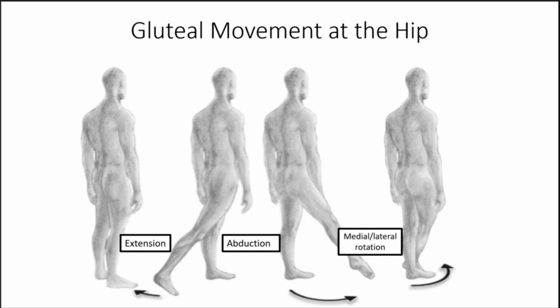Regarding the role in movement, the muscles of the gluteal region primarily act on the hip joint, producing movements such as extension posteriorly in the sagittal plane, abduction away from the midline in the frontal plane, lateral and medial rotation away and toward the midline in the transverse axial plane, respectively.